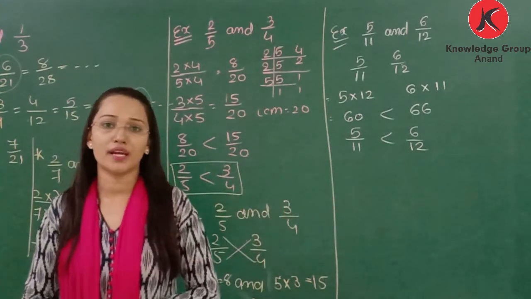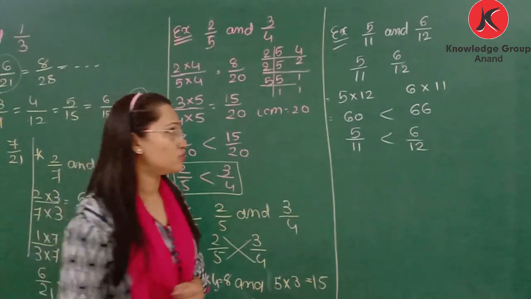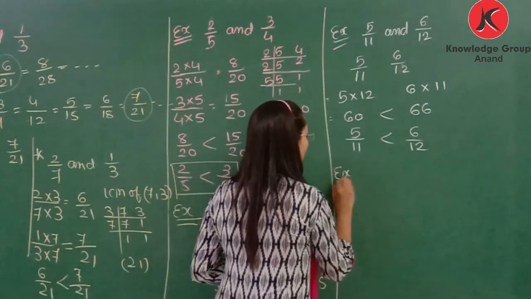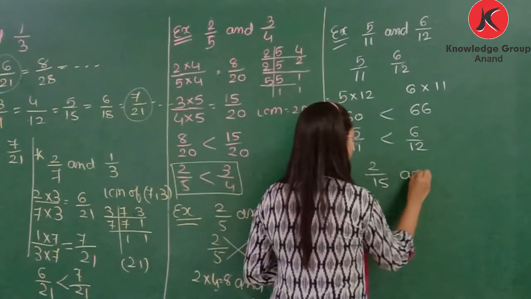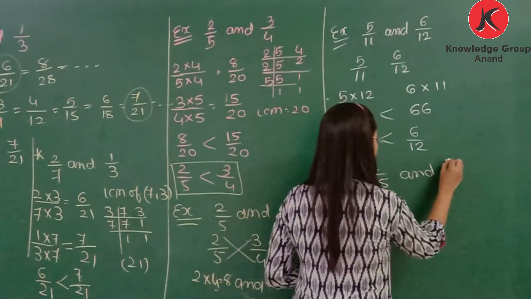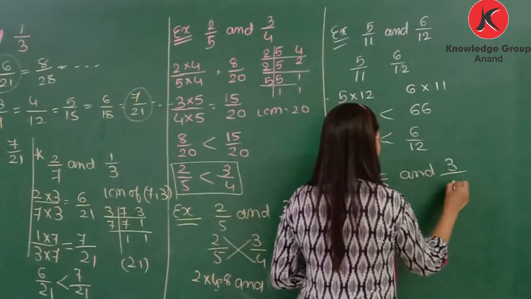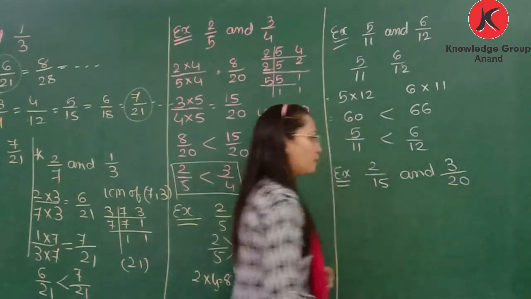But this comparison method you should know. Okay. Let's take one more example. 2 by 15 and 3 by 20.